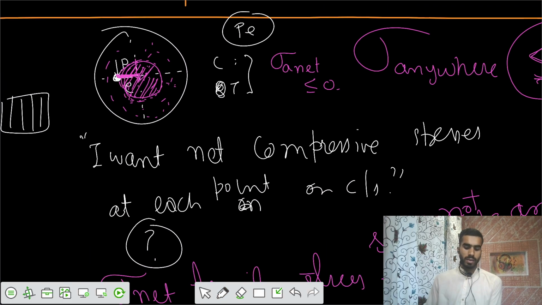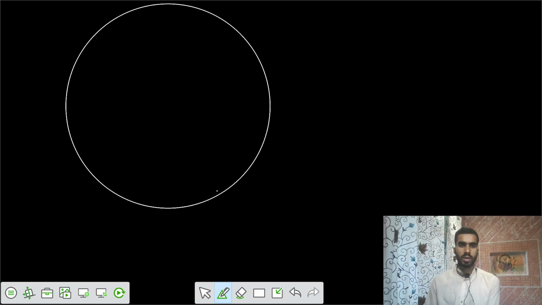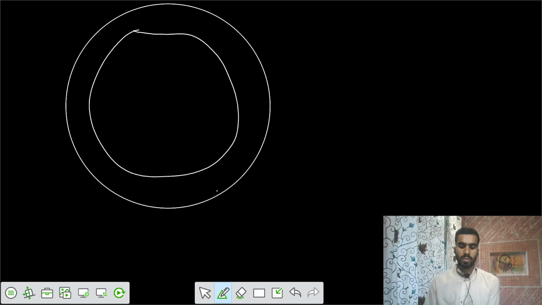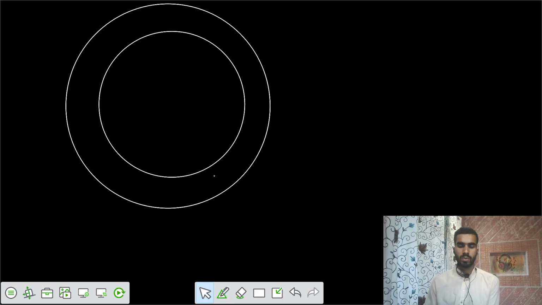Similarly, if you take what we call a hollow section, the circular hollow section, now for this case also we need to get the value of the core, the diameter of the core, for the hollow section.